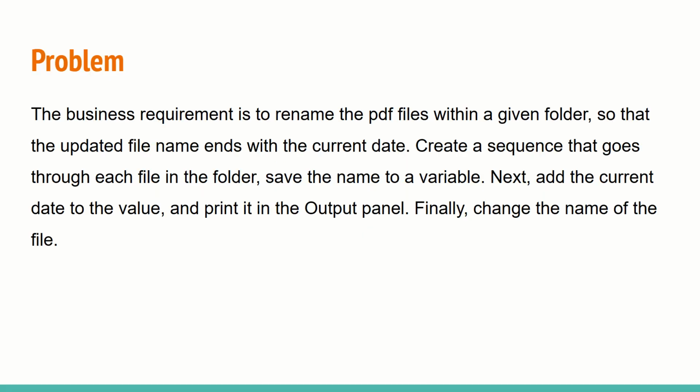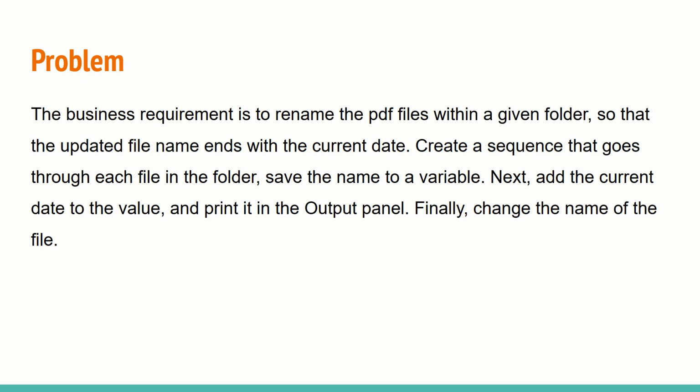Today in this session we will go through an interesting problem where the business requirement is to rename the PDF files within a given folder so that the updated file names end with the current date.